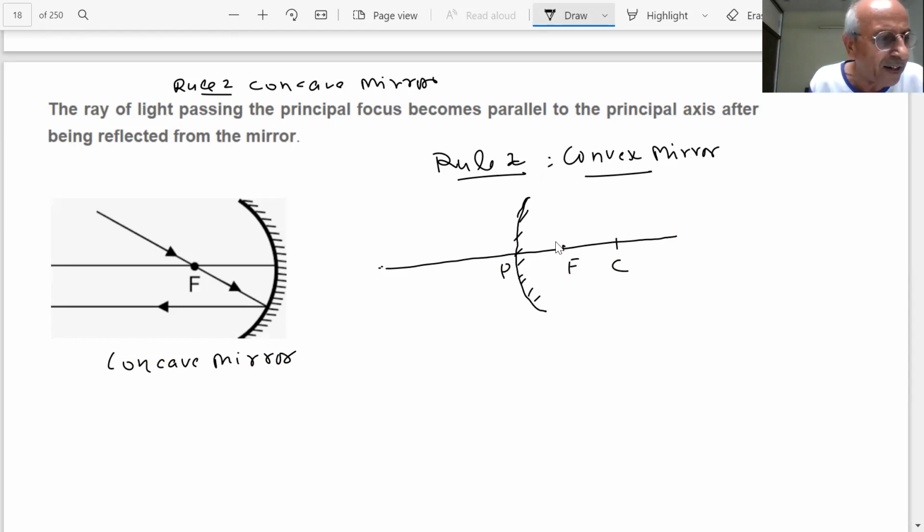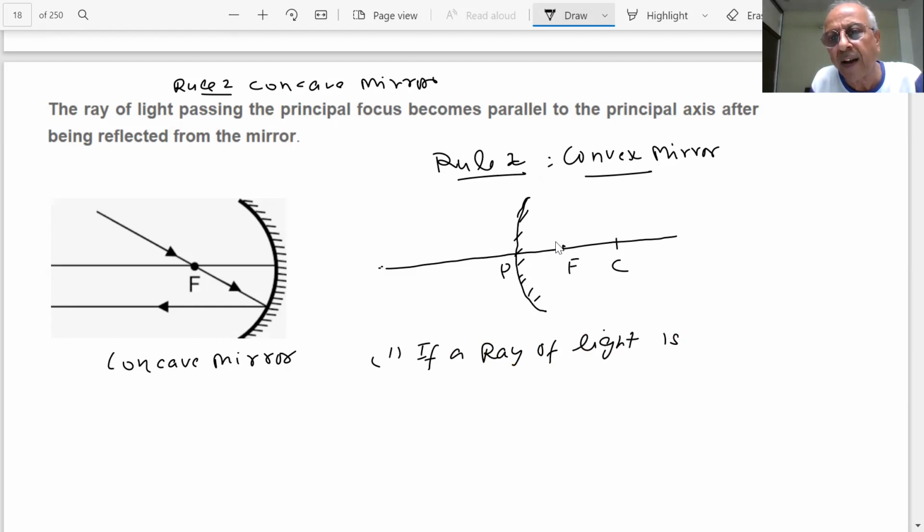Now, if a ray of light is directed towards the principal focus of a convex mirror, here what I'm saying, rule 2, if a ray of light is directed towards the focus of a convex mirror, it is not passing through, it is directed, because the focus is behind the mirror.